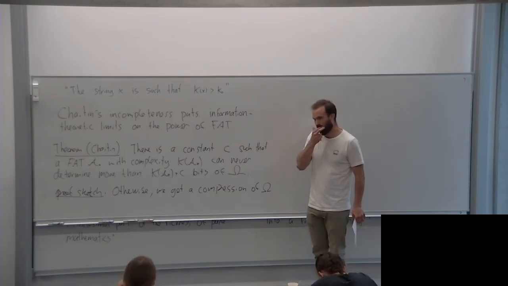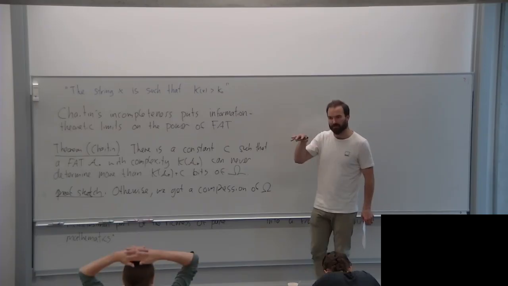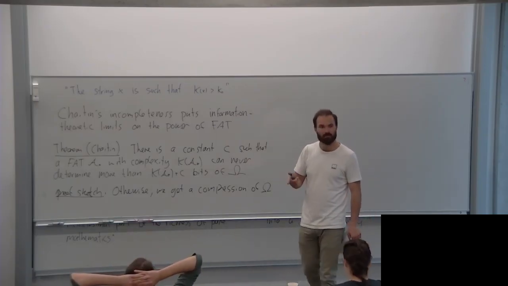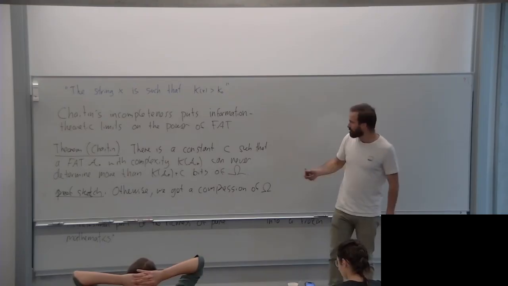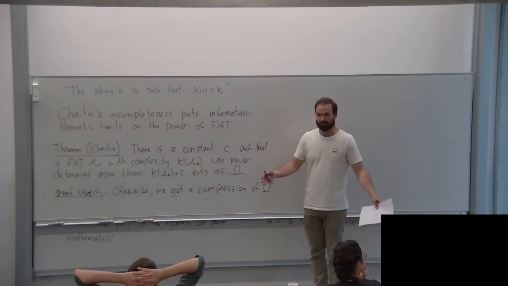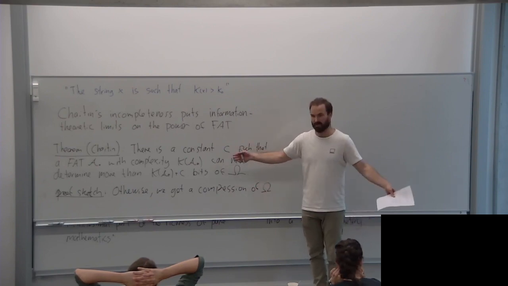And what's wrong with the compression of omega? We saw that it's incompressible. Completely. We saw that K of the first n bits of omega is larger than n. That was a theorem proved last time. A compression of omega would mean that I found, I don't know, a 3/4 n long program to print the first n bits of omega.